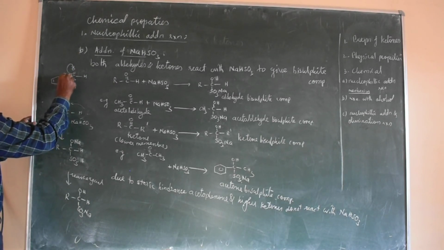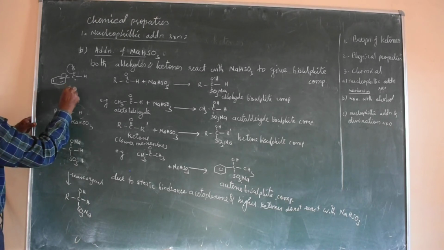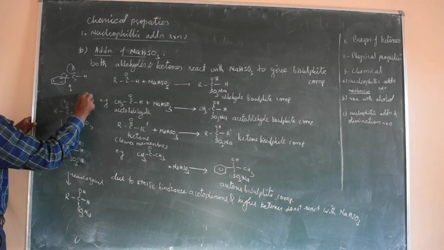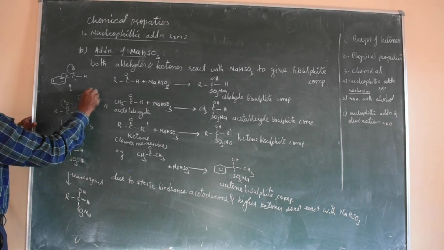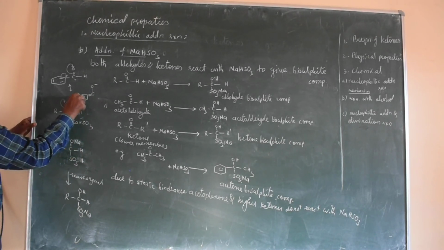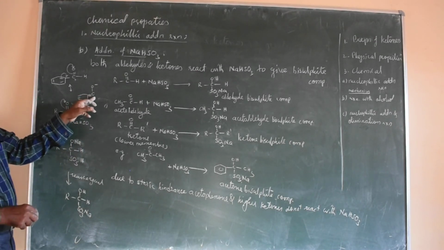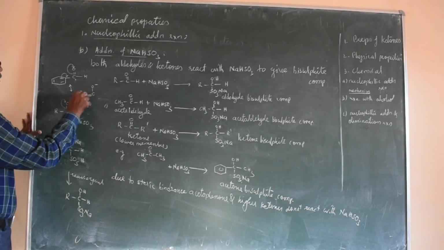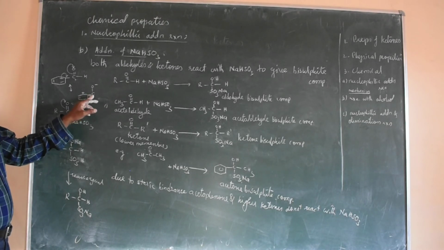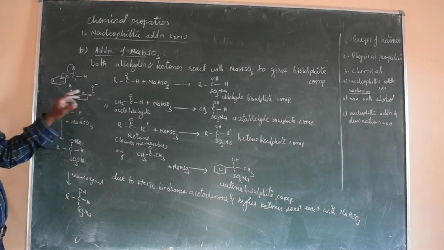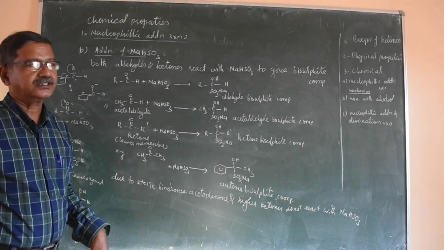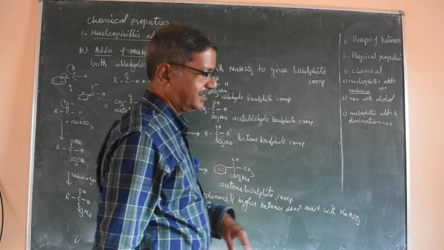The structure changes so that we have C, then O minus, and a double bond in the ring. That means there is no positive charge on this carbon, and no electrophilic center on this carbon, and hence benzaldehyde is also less reactive towards the nucleophilic addition reaction.